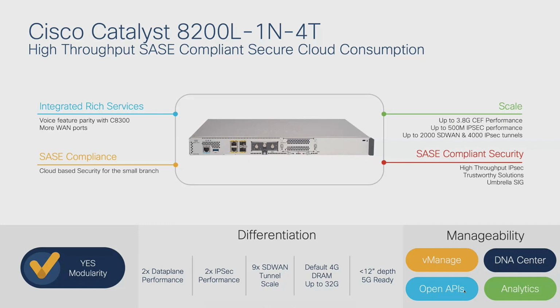The idea is you're connecting up to SIG for traffic that you're offloading to SaaS, and then you're getting your SD-WAN connection into our other cloud services like the Interconnect gateway or the Cloud Hub. So that's what this is targeted at, and we've optimized the data plane and the performance for lots of tunnel scale and fabric scale.